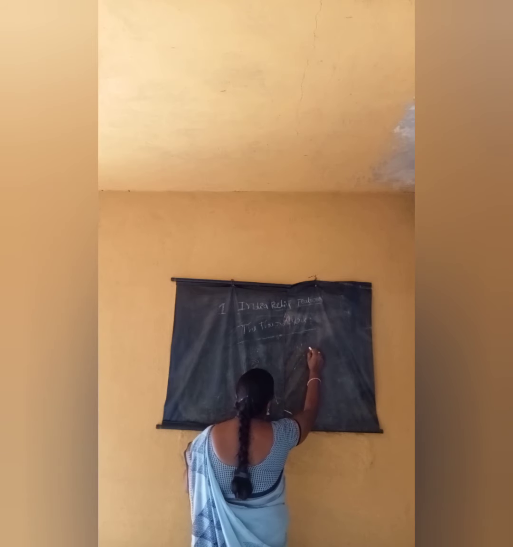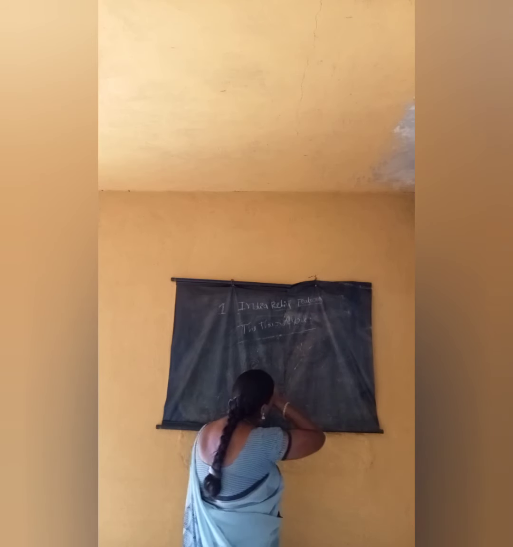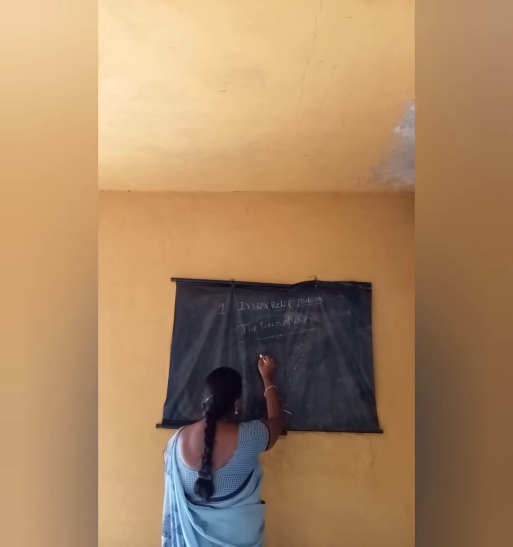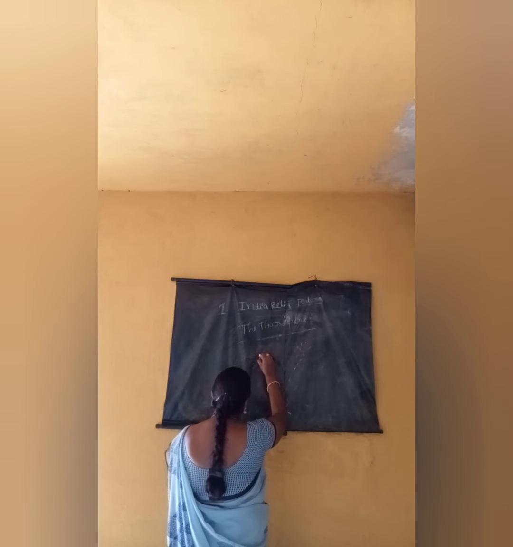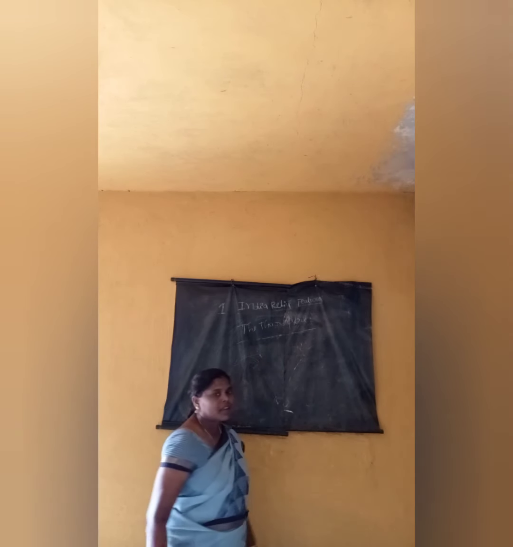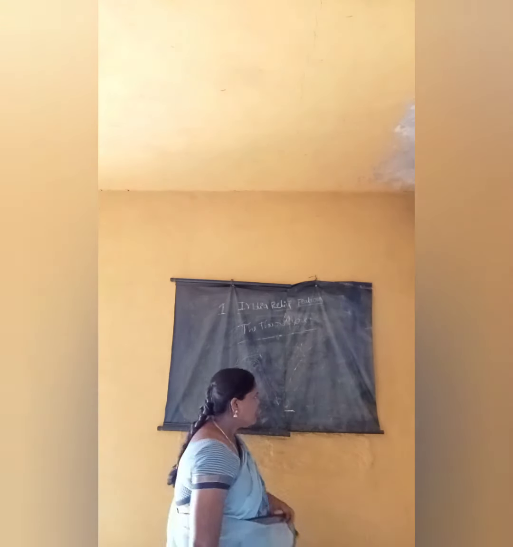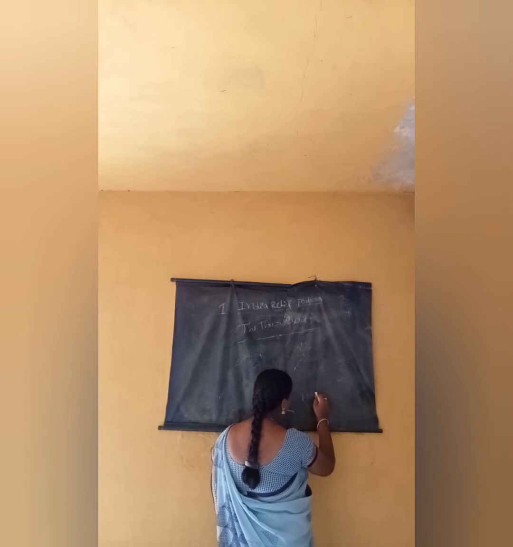Okay, understand? This region is Rajasthan state. These are the Aravali ranges, and the region receives a very low amount of rainfall, ranging from 100 to 150 millimeters per year.